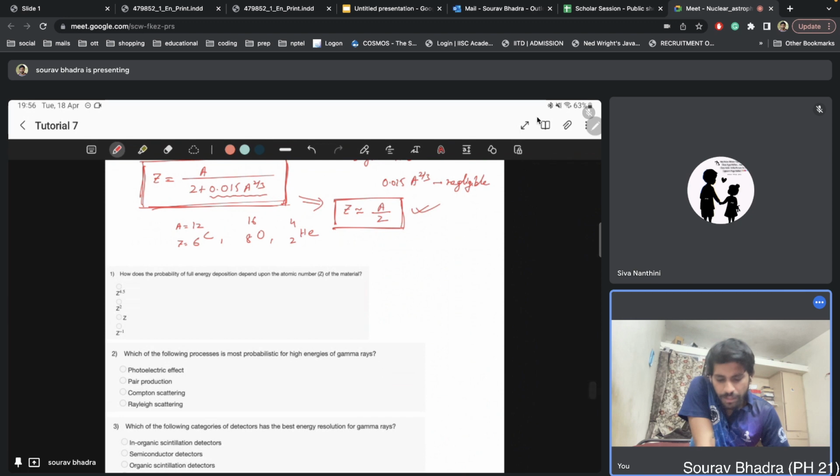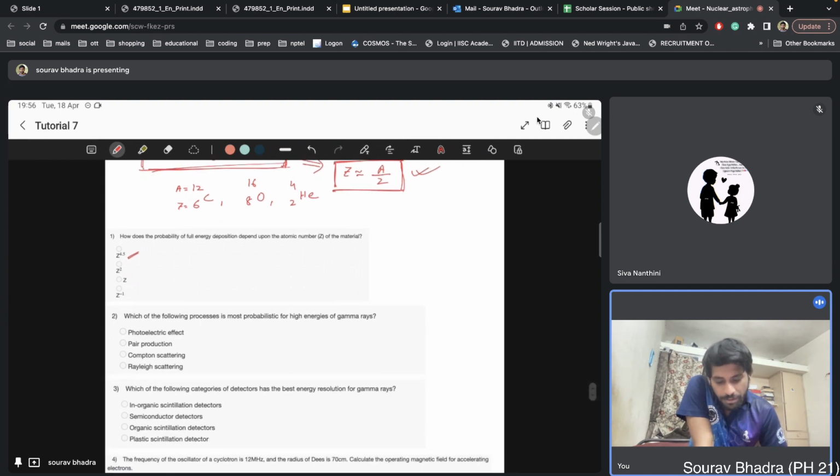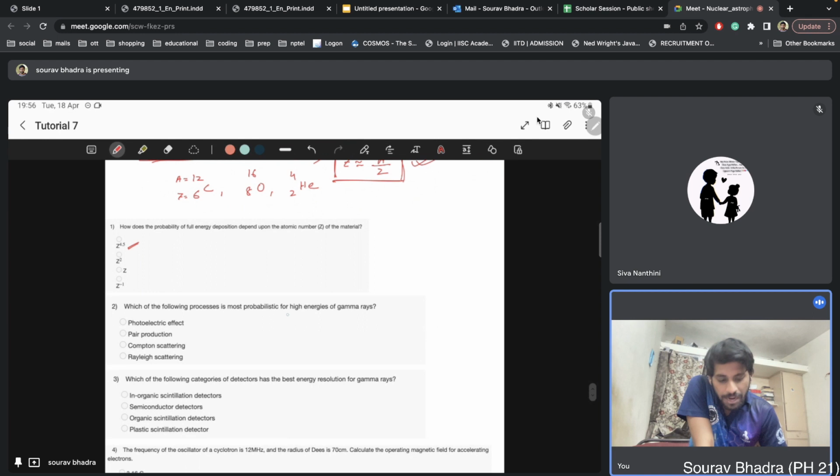The first one: how does the probability of full energy deposition depend upon the atomic number of the material? It is actually Z to the power 4.5. The second: which of the following processes is most probable for high energy gamma rays?